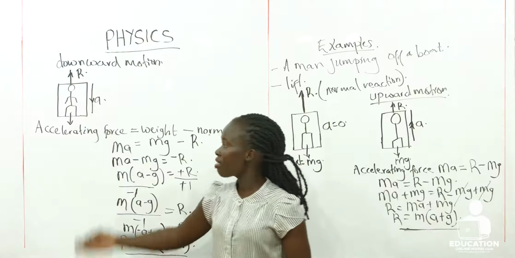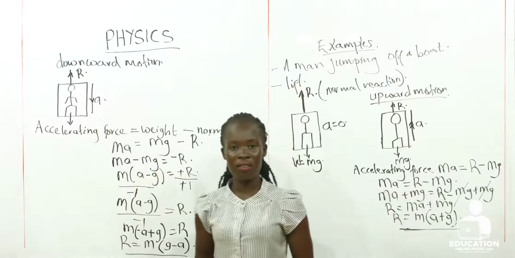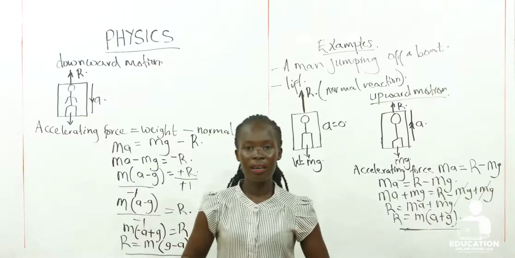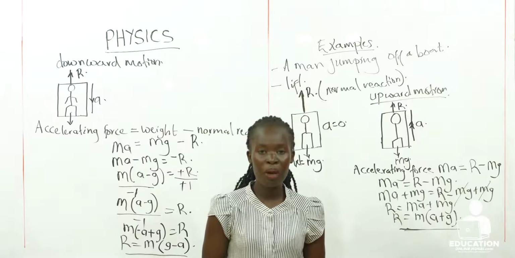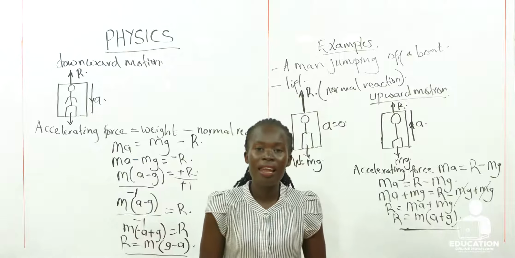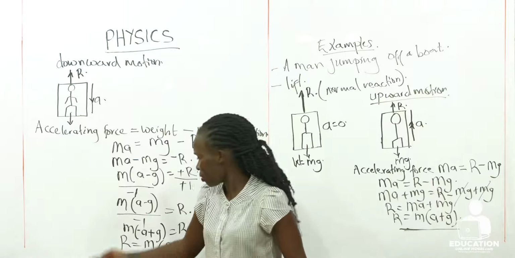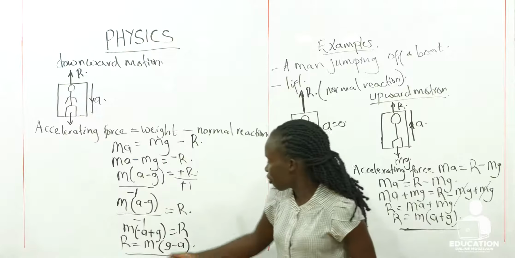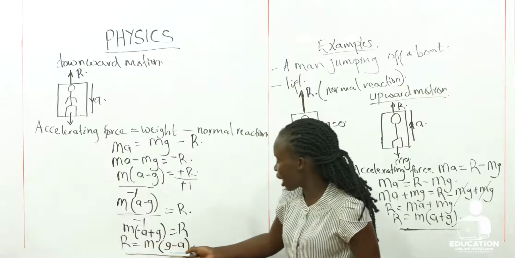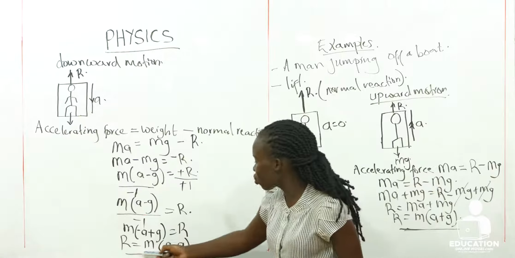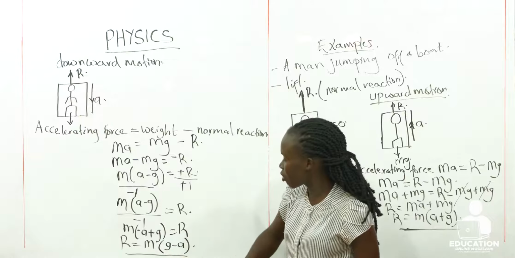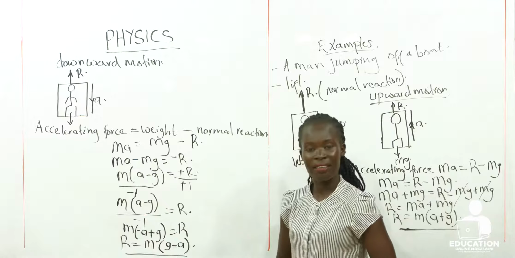As the lift is coming downwards, the reaction offered by the lift on the person is less than the person's weight, because the normal reaction here is equivalent to only the weight of the person minus the accelerating force.